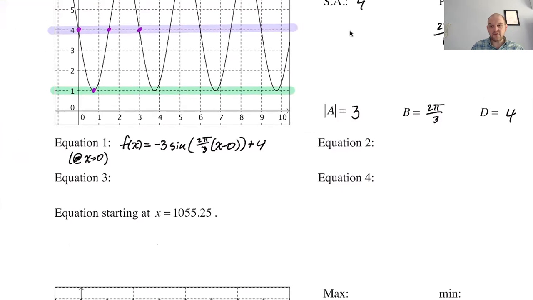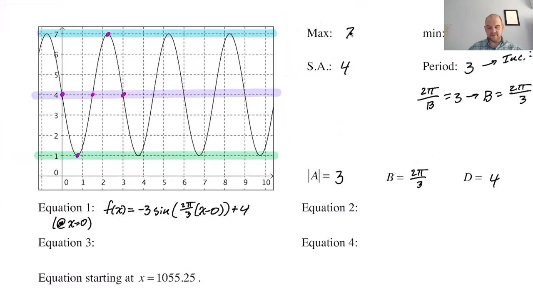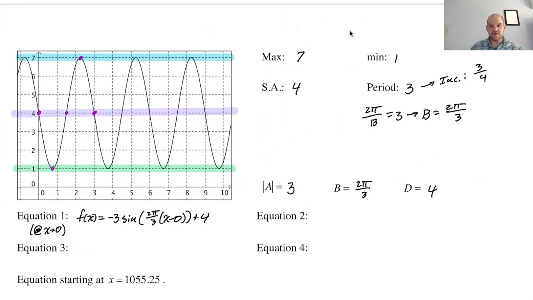All right, so now I'm going to move one increment and see what I get. Starting at 0, I got negative sine. Move one increment, and I'll be starting at a minimum, so I get negative cosine. But the question is, how far is that? Well, one increment we calculated was 3/4.